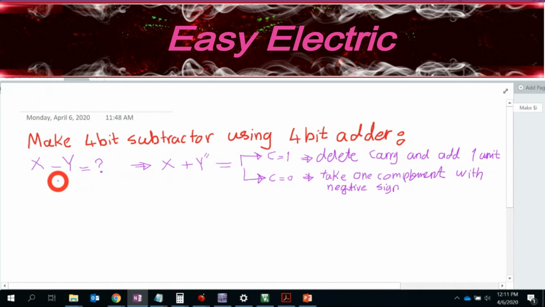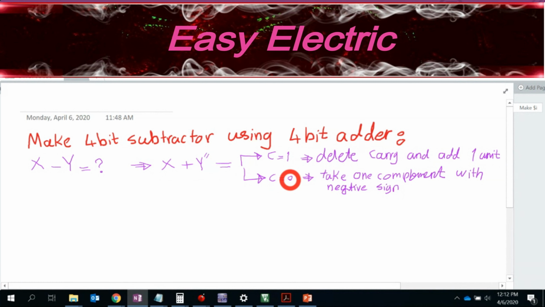So I repeat that again. You want to do x minus y, you say x plus first complement of y, then check the carry. If carry is 1, you ignore that carry and add 1 unit to whatever you got as x plus y double prime.